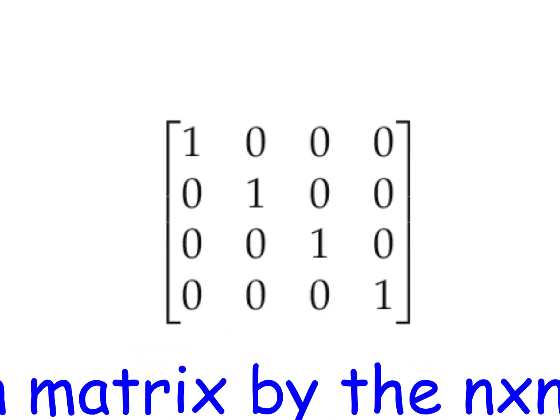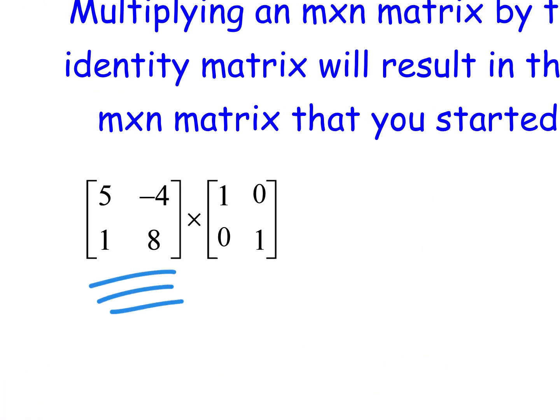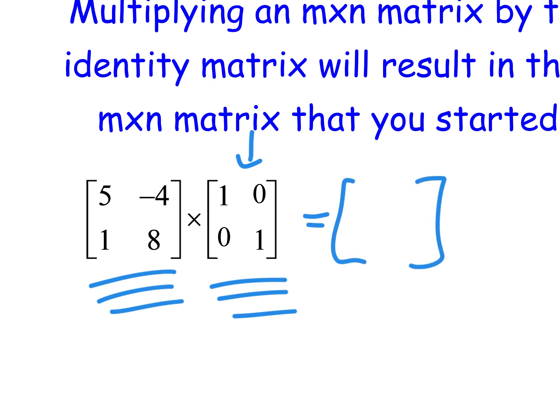That's 1 in matrix world. So if you want the original matrix to come back again, you multiply by this. That's called the identity. That's what 1 is. I don't want to do the whole thing to save time, but I want you to do just this first number and prove to yourself that you get 5 back again. Use row 1, column 1.